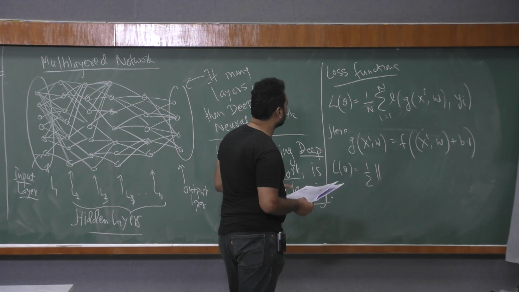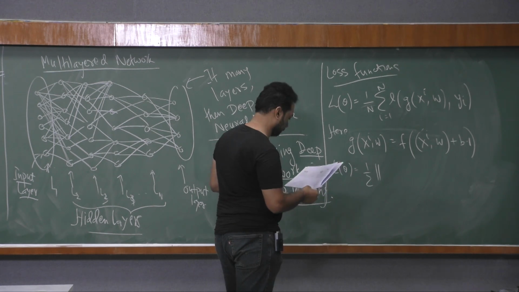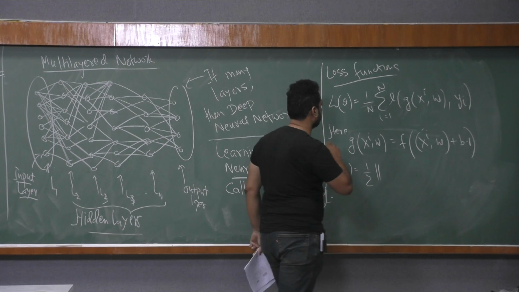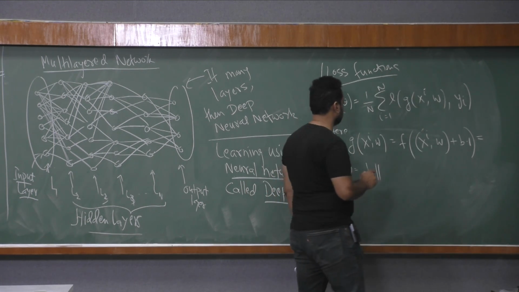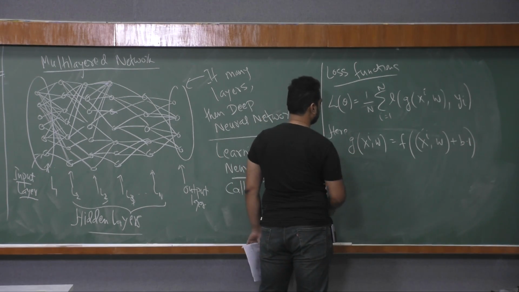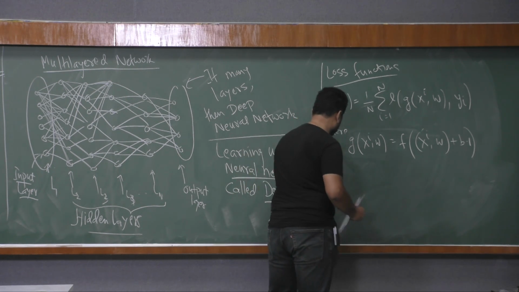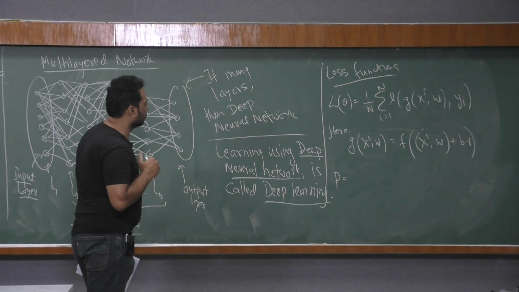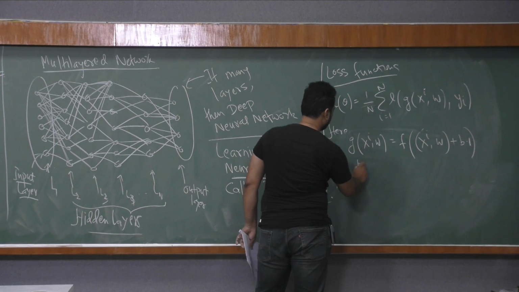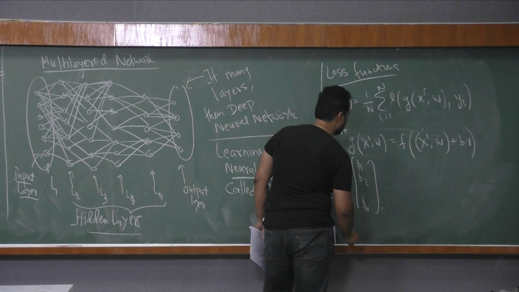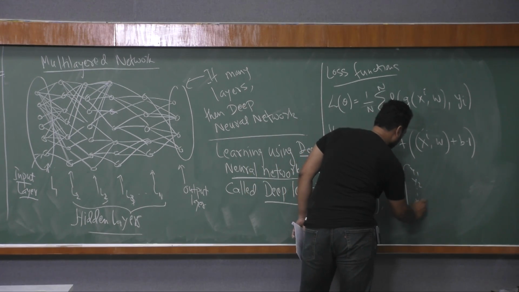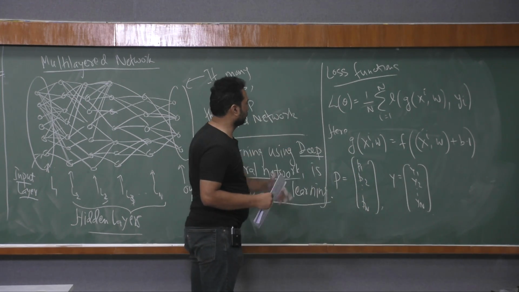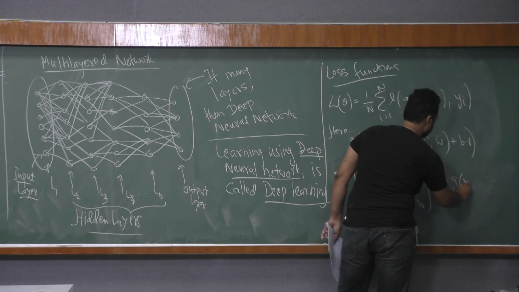If the output is characterized by a vector, then let us define P as P1, P2, up to Pn, and capital Y as Y1, Y2, up to Yn, where P_i is G of x_i, w.